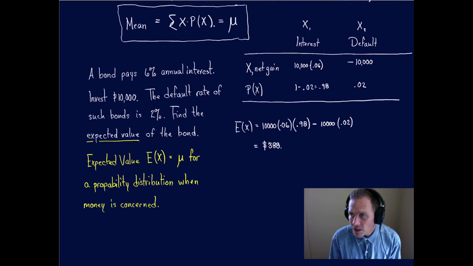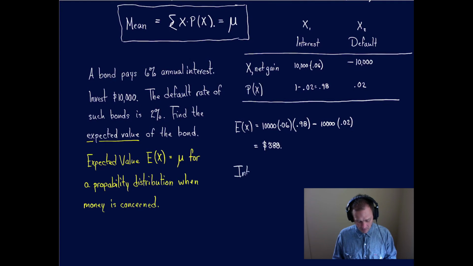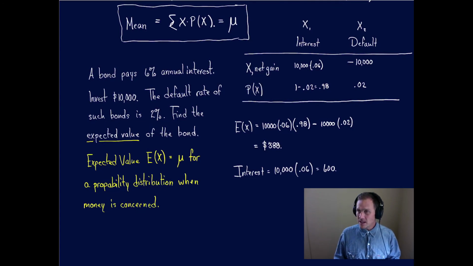Now, this is kind of a strange number, and let me explain why. If the bond does not default, then you would expect your interest payment to be the 10,000 times the 6%, which is $600 coming to you. But what does this 388 mean?